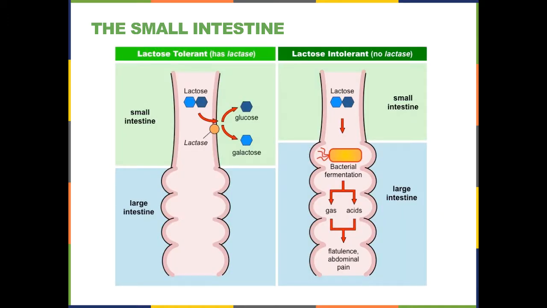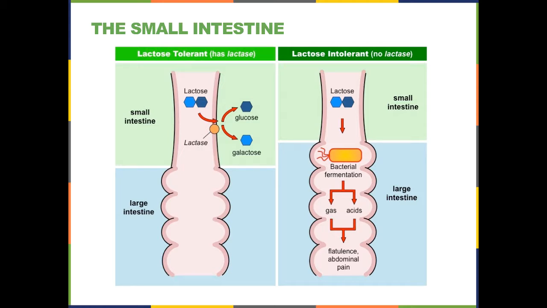Now, I won't say much about all the various enzymes in the small intestine that act to help with digestion. I will mention one, though, and that's lactase. The reason I mention it is it's important in a problem known as lactose intolerance.